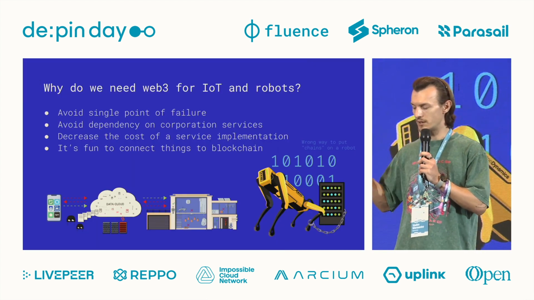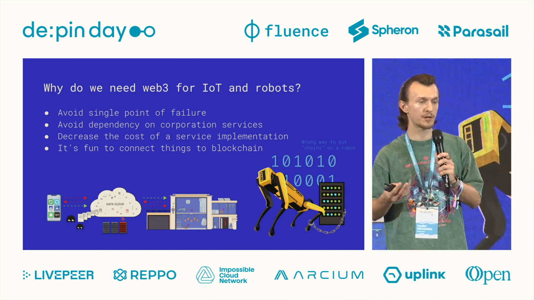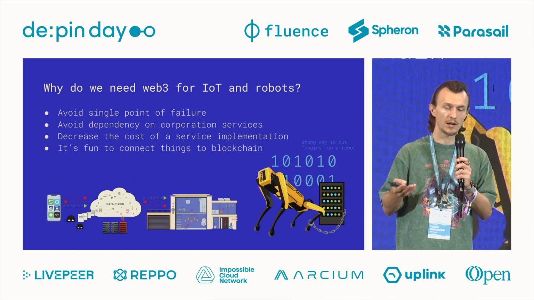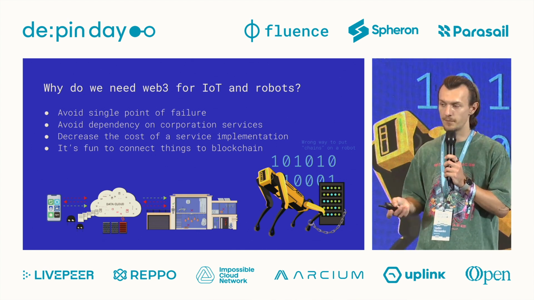But before we go to the projects and the use cases, I would like to answer one question. Why do we need to control IoT and robots in a blockchain, in a Web3 way?